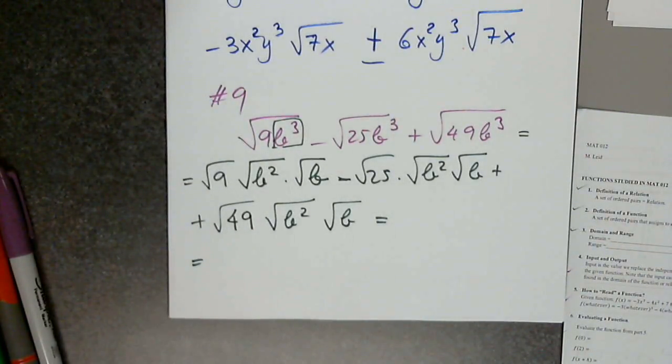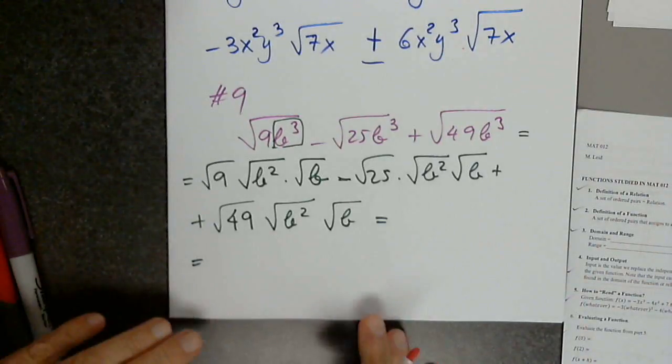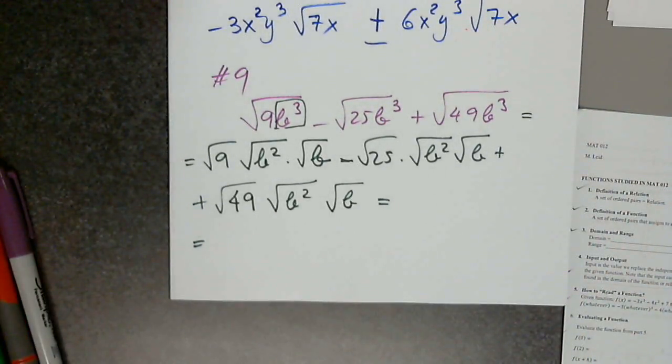Now, can anyone give us the fully simplified form of the very first radical? We are assuming everything is positive. I should have read this. They're not saying it. We are assuming now everything is positive. The target is different.